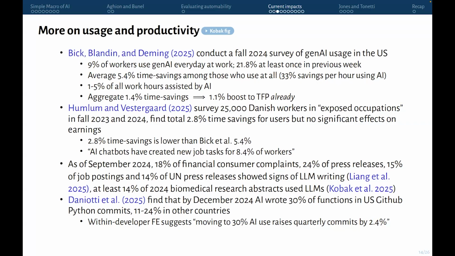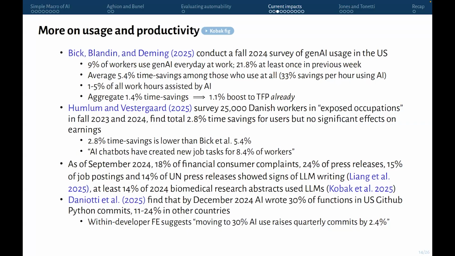And they do a within-developer fixed effects regression exercise to estimate that moving to 30% AI use raises quarterly commits by 2.4%. They also translate that into aggregate cost savings in software engineering, and it comes out to about 5% of software engineering wages paid out in the US already, which is interestingly large.